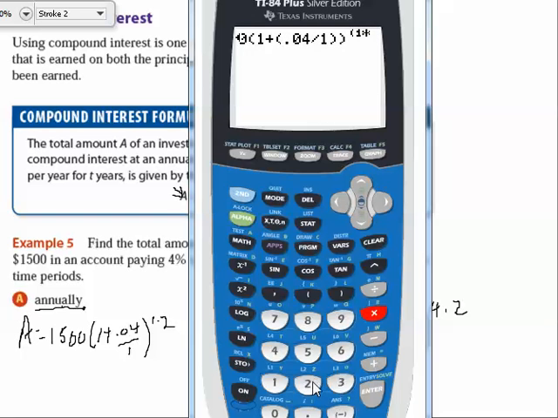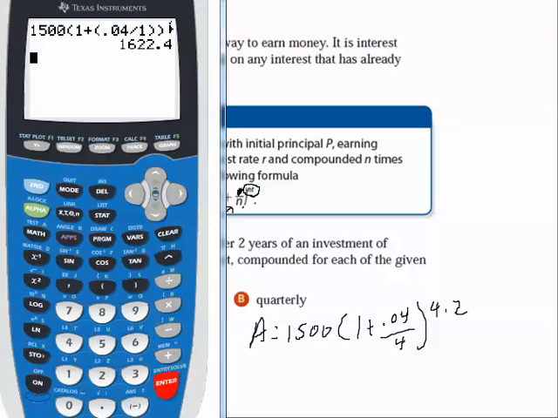Enter. Well, after 2 years of this, it's at $1,622, compounding it annually. If we do the same thing, 1,500 times 1 plus 0.04 divided by 4, parenthesis, raised to the parenthesis 4 times 2, parenthesis, power.